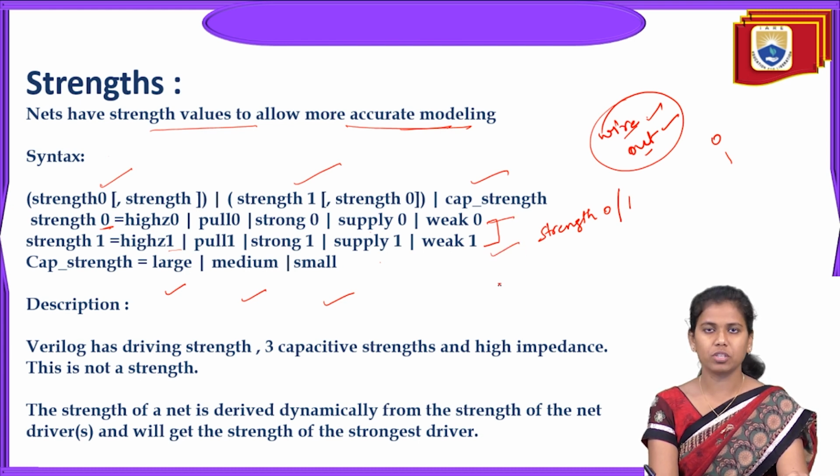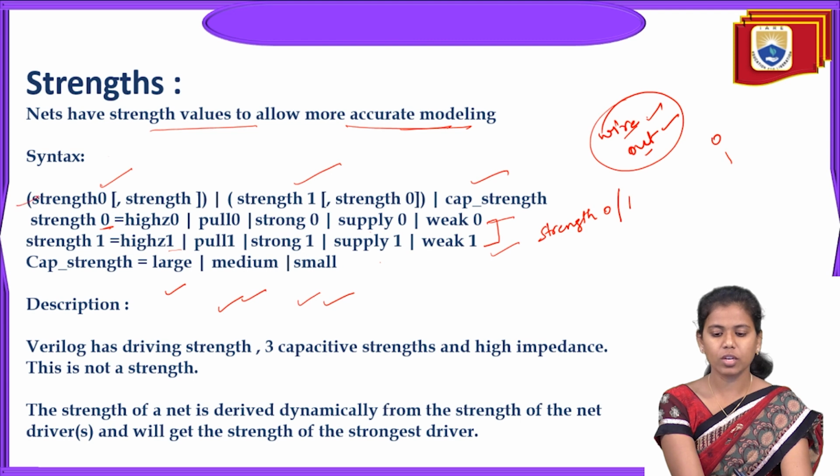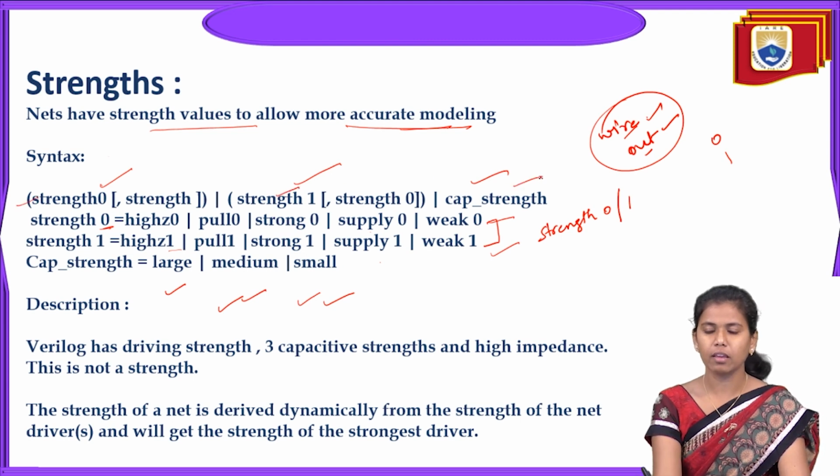And coming to the cap strength, it just gives the degree of that particular strength based on large, medium and small. This is the syntax we follow: strength 0, strength 1 and the cap strength.